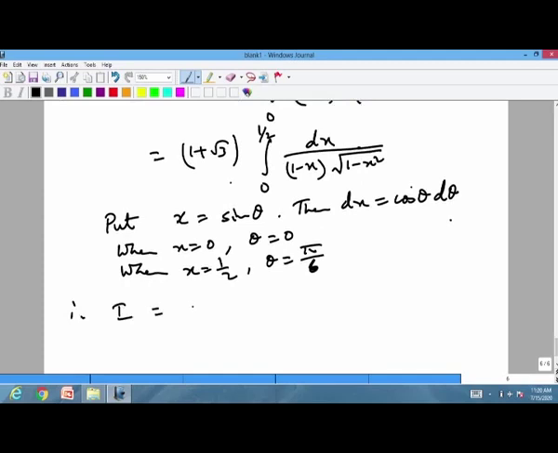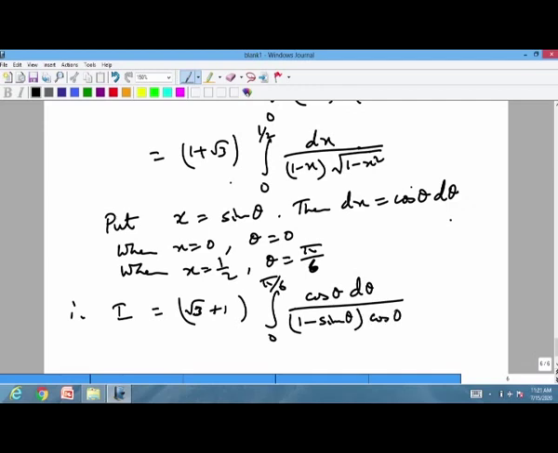So, therefore, this integral I is equal to root 3 plus 1 times the integral of 0 to pi by 6 of cos theta d theta divided by (1 minus sin theta), and square root of 1 minus x square is equal to cos theta.